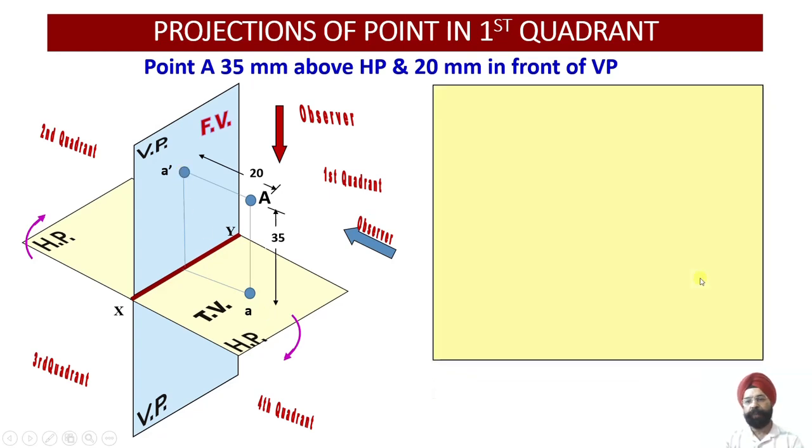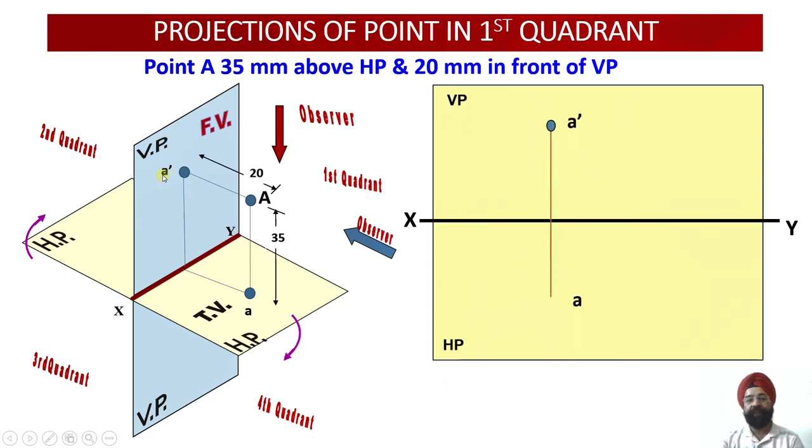So let us draw the projections of these 2 points. So the front view will stay in its position as it is, 35 mm above my reference line, which is XY. And this is, you see, 35 mm above my reference line.